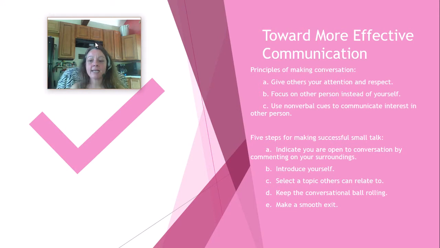And then, once again, non-verbal cues are a good way to engage others, using non-verbal cues to communicate interest in others, right? And then 5 steps for making successful small talk. Kind of goes along with those verbal cues there. Maybe just indicate to that person that you are willing to talk to them.